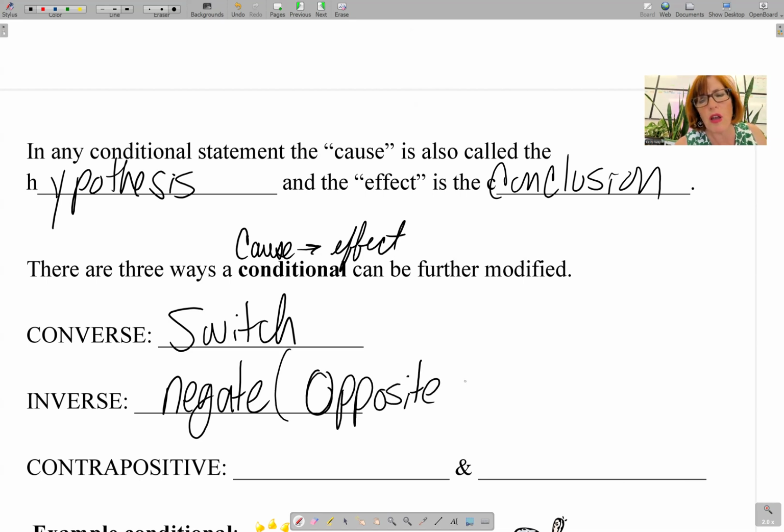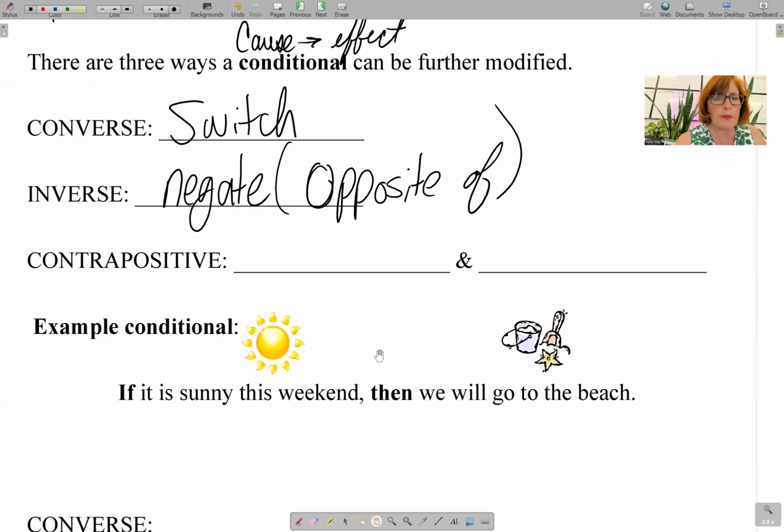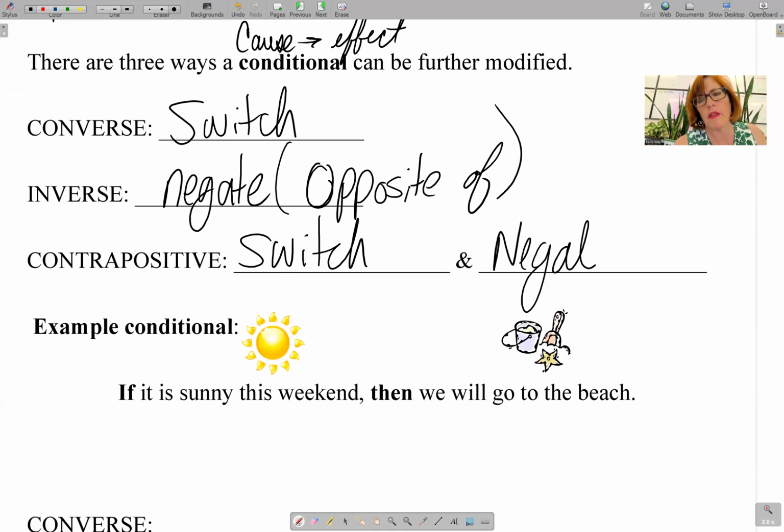Contrapositive, you switch and negate. You do both. You need to have converse, inverse, contrapositive memorized.